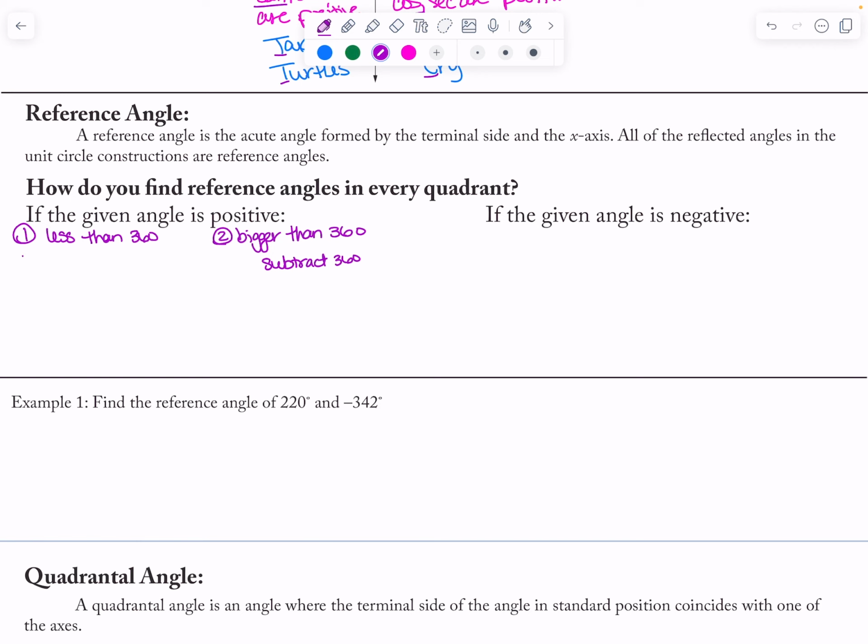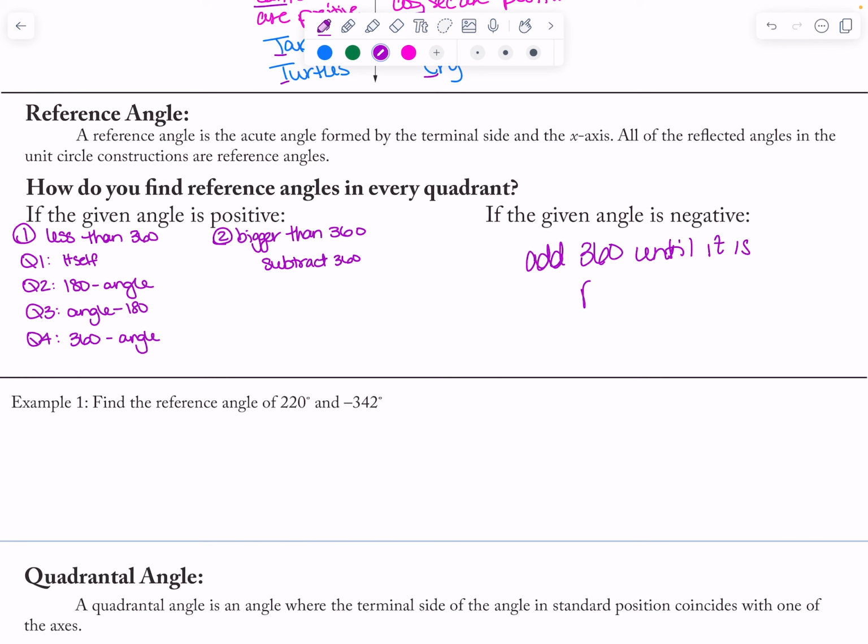If it's less than 360 degrees and your angle is in quadrant 1, the reference angle is itself. If you're in quadrant 2, the reference angle is 180 minus the angle measurement. If you're in quadrant 3, it is the angle measurement minus 180. And if it is in quadrant 4, it is 360 degrees minus the angle. If the given angle is negative, then you add 360 degrees until it is positive.